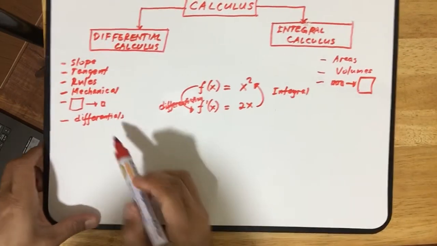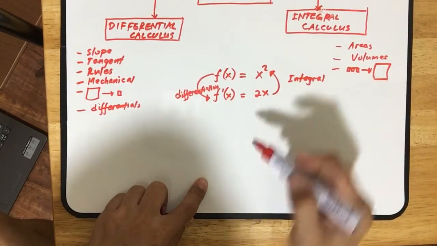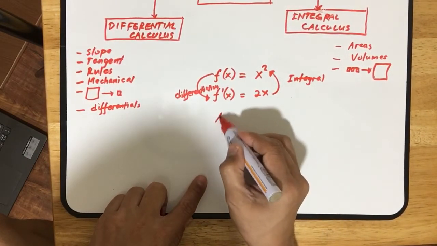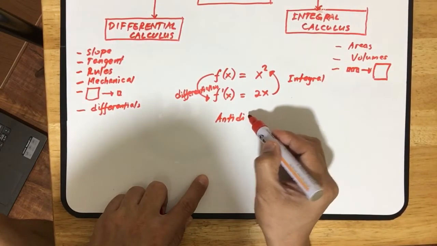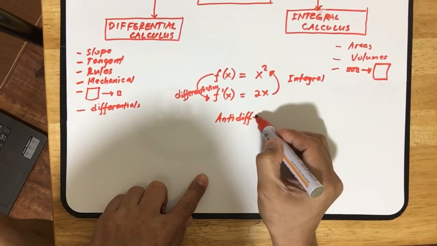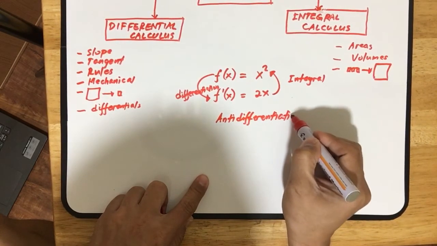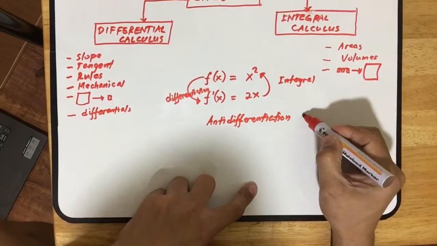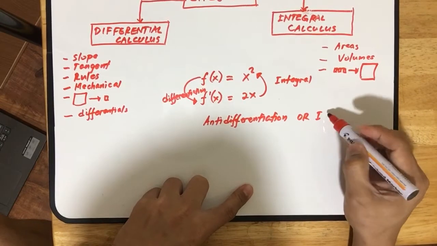It's a reverse process of this one. This reverse process is what we call anti-differentiation, or integration.